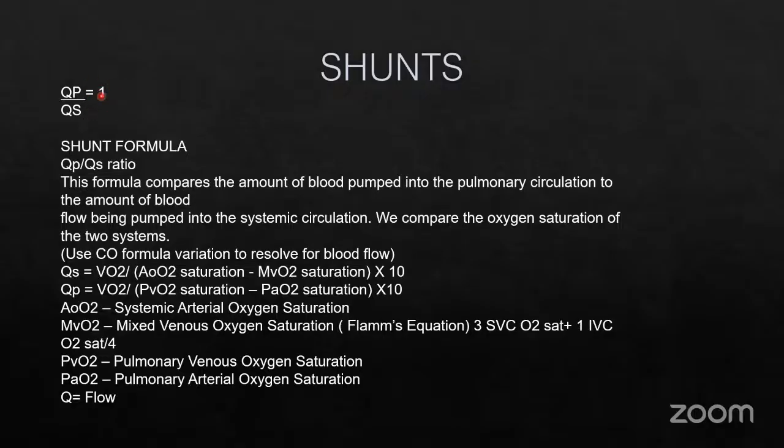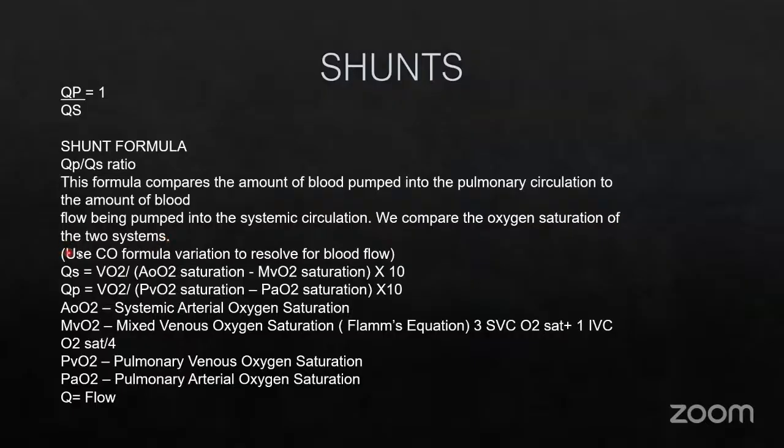Everything is beautiful. Let's take a look at the formula. This formula compares the amount of blood pumped into the pulmonary circulation to the amount of blood pumped into the systemic circulation. We compare the saturation of the two systems. The ratio has to be 1 to 1.